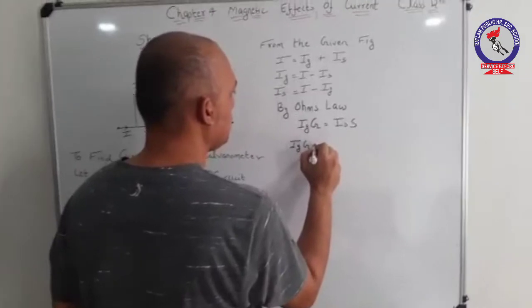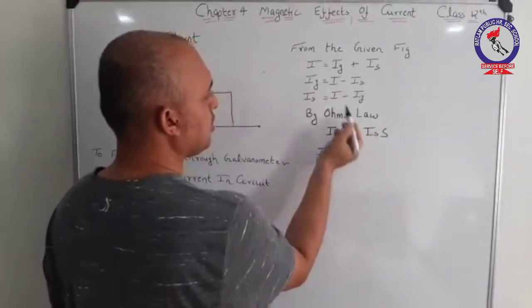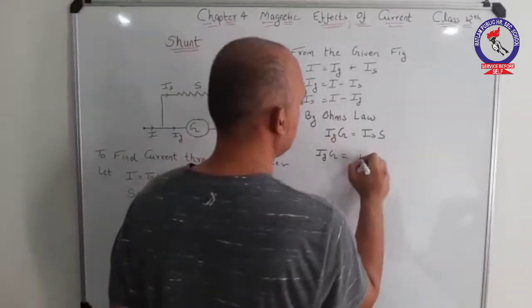Ig into G, the value of Is substituted from here.